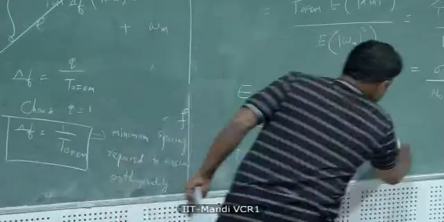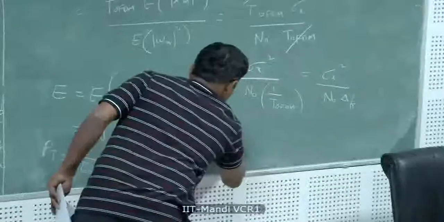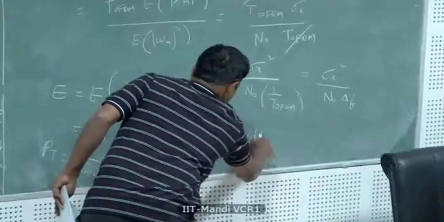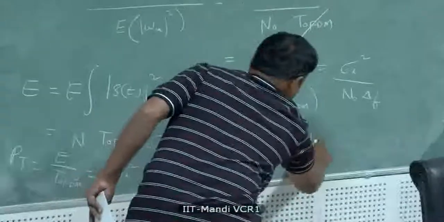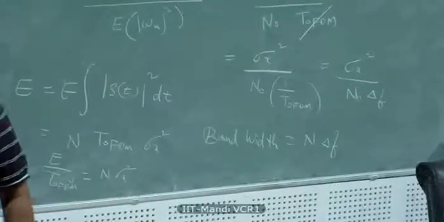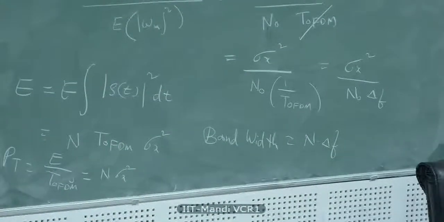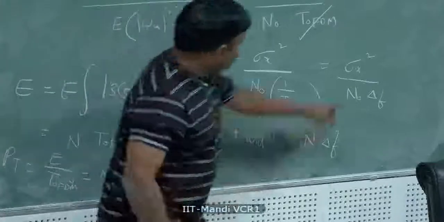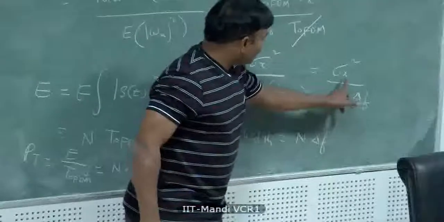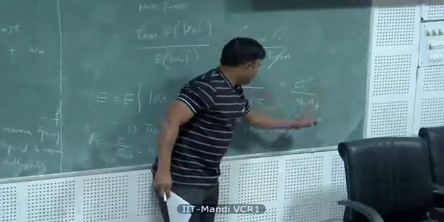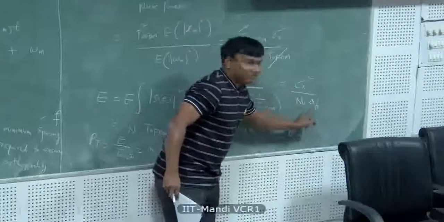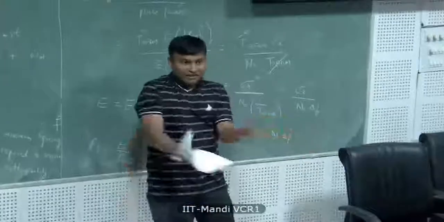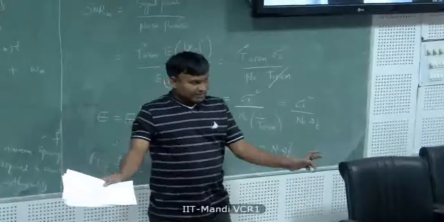Total bandwidth for this system is N times delta f. That is the total bandwidth of the transmission. Of course, I can multiply this by N, and call this the total transmit power, and N times N0 delta f is the total received noise power in a wider bandwidth.